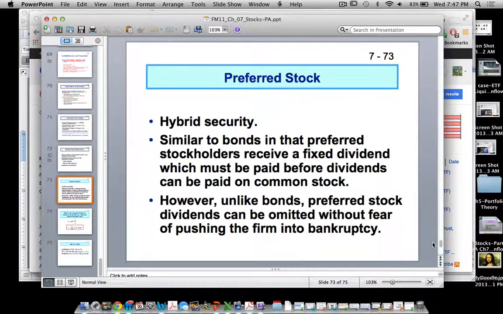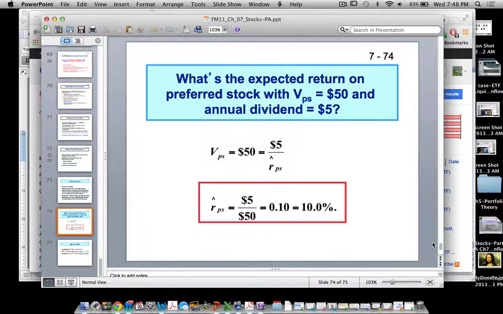So, just a little section on preferred stock. A preferred stock is a hybrid security, similar to bonds in that the stockholders receive a fixed dividend, but the dividend has to be paid before dividends on common stocks. But if the dividend is skipped, the firm is not thrown into bankruptcy, unlike bonds where if a coupon is skipped the firm is in default.